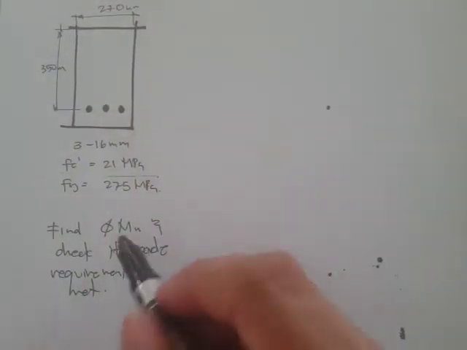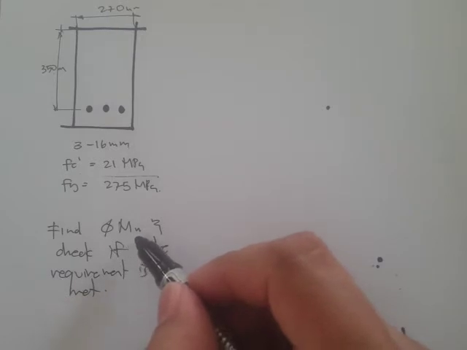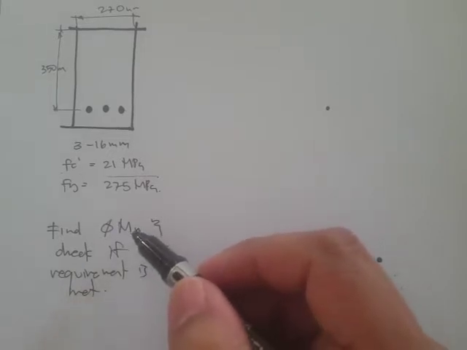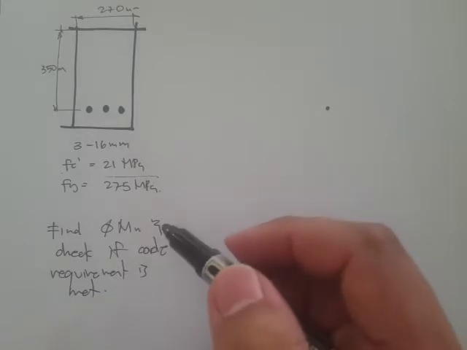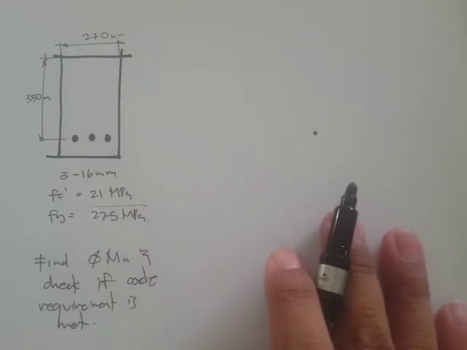We are asked to find the factored moment capacity, phi Mn, and we are asked to check if the code requirement is met.